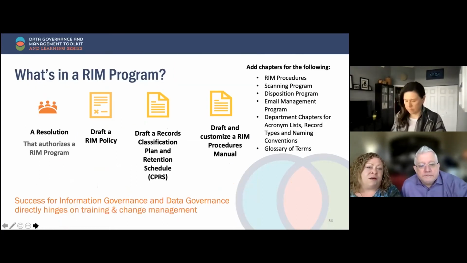So the question is, what is in a RIM program? What do we want to have for a formalized RIM program? So everyone does records management. If we didn't, we wouldn't be in business. But to formalize a program brings awareness and cohesiveness inside of a government. And it sees the importance for documentation and formalization and training.